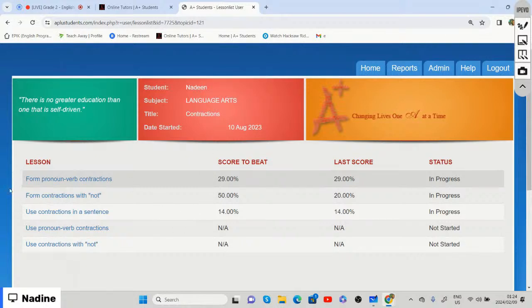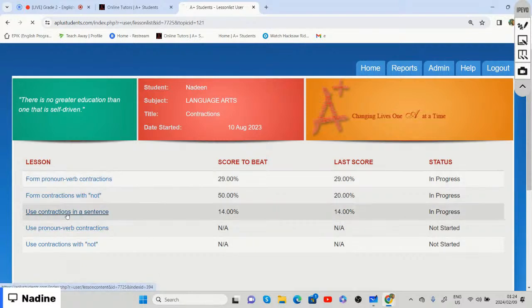In our previous lesson, we had to form pronoun verb contractions, and we also had to form contractions with the word not. But today we're going to use contractions in a sentence.